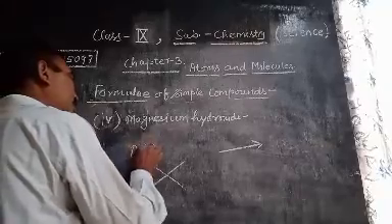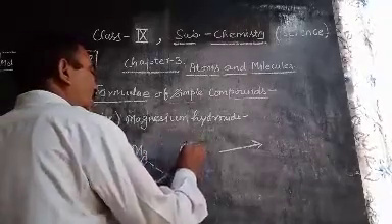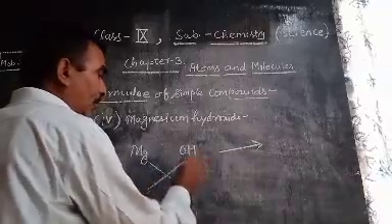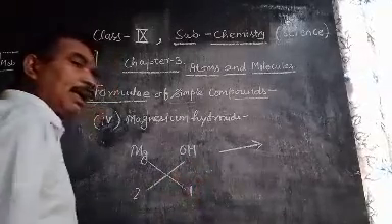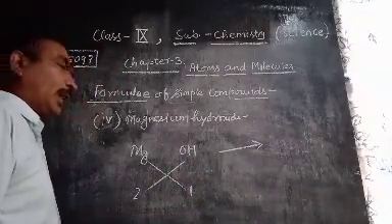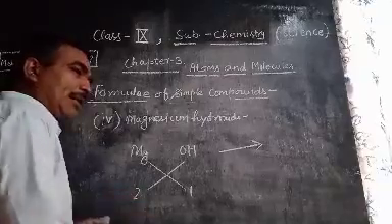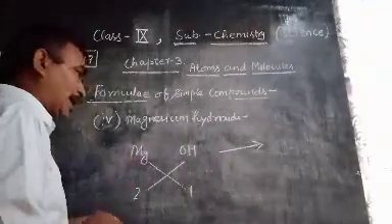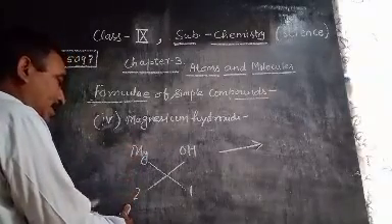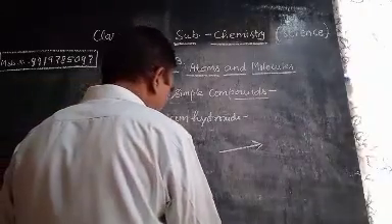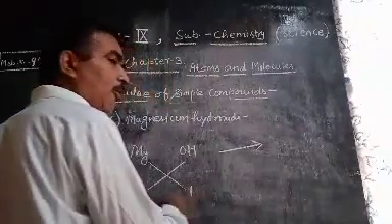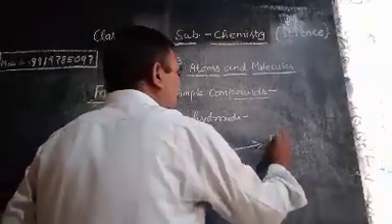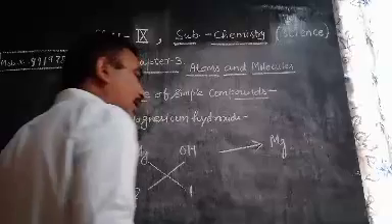Magnesium and OH. Magnesium shows 2 valency, OH 1 valency. I have already told you how the LCM is taken and how the molecular formula is derived. Valency of Mg is 2, cross multiplication. LCM of 1 and 2 is 2. 2 divided by 2 is 1. Only 1 magnesium ion.